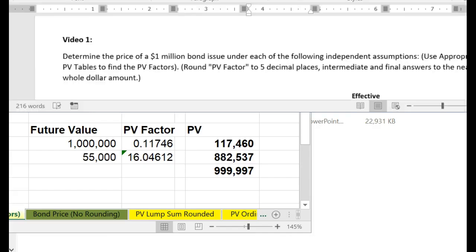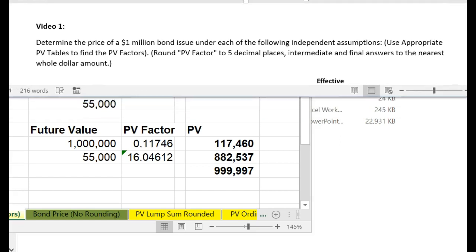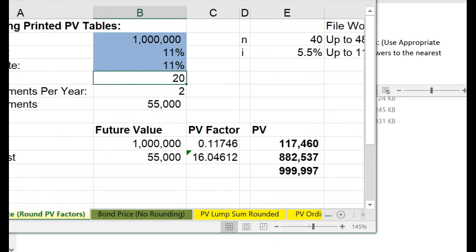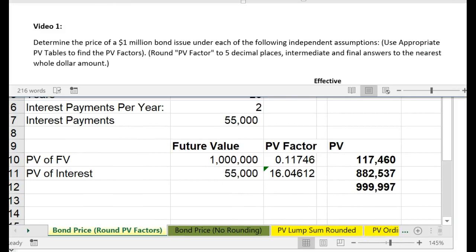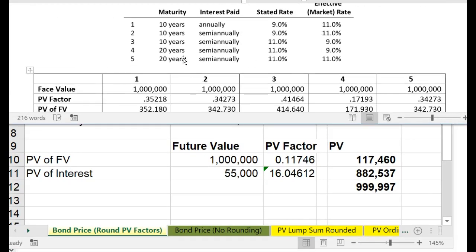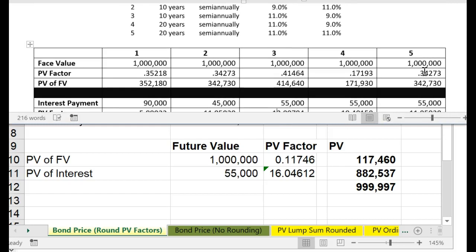So let's fix our table here. We're going to do a little bit of moving around. Again, my apologies, I didn't catch that I had changed that. So that was a 20 year. Your PV factors should be for 20 years, not for 10. Notice I pulled the 10-year factors. So 0.11746.